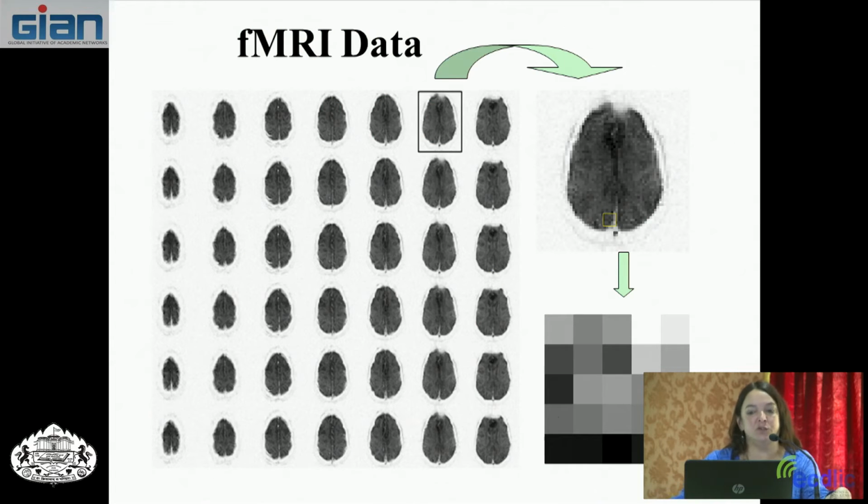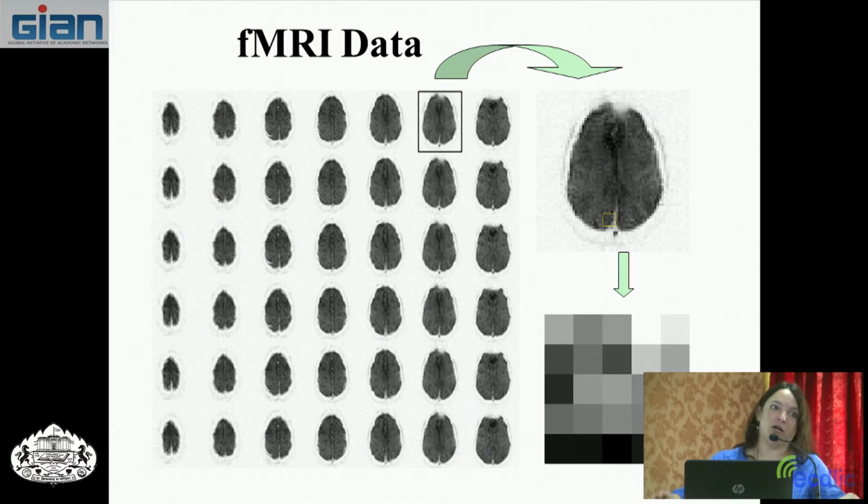So remember, functional MRI data is very low resolution compared to structural MRI data. And remember, we're not measuring the amounts of hydrogen in the tissue with this technique. We're measuring the BOLD response.